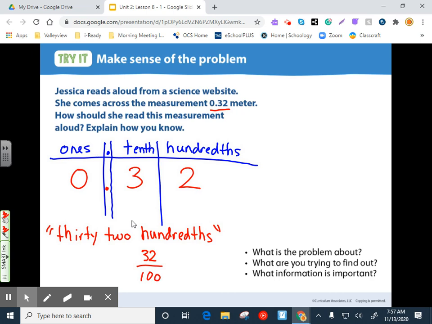So the way we say both of those, this decimal and this fraction, is 32 hundredths. And we get the name hundredths by the smallest place value here. That's where we get the name from. If we're doing fractions, we are looking at the denominator, the bottom number, to get what word we should be saying. So that's something just to keep in mind as we work more with fractions and decimals.